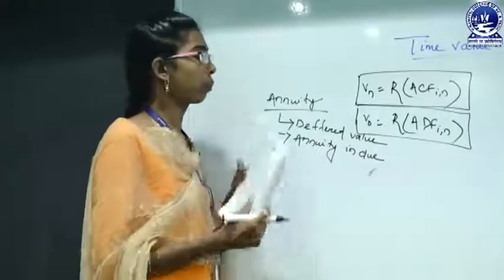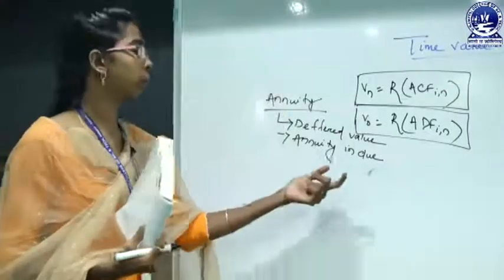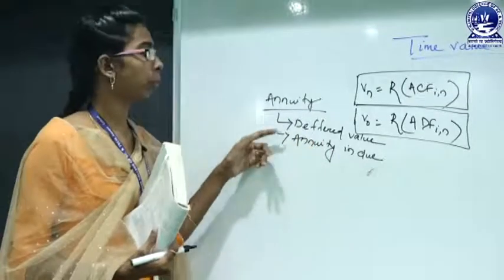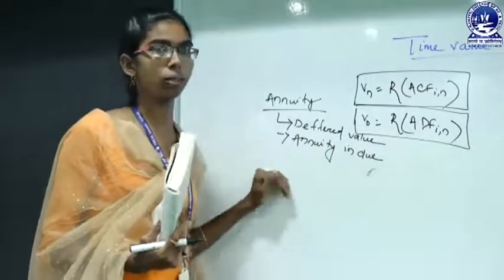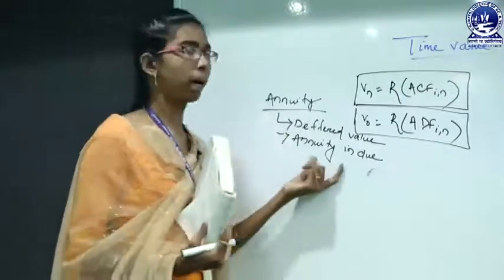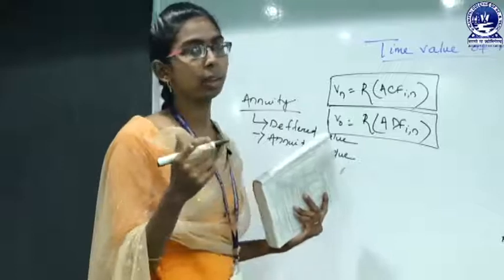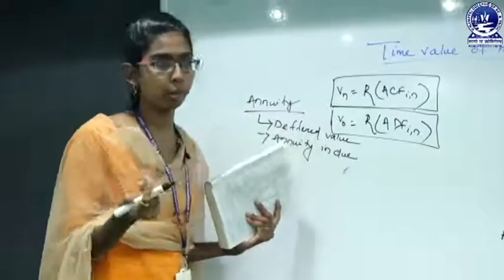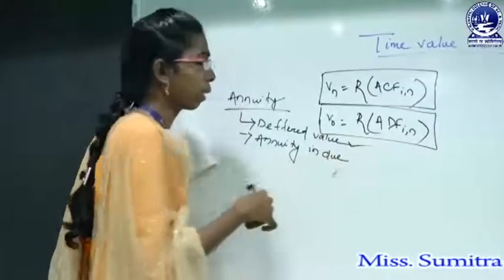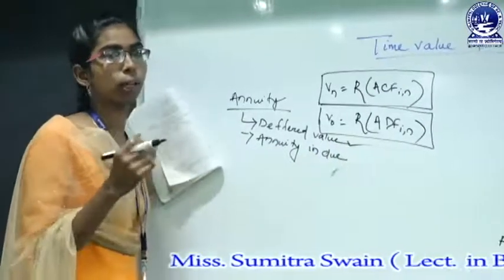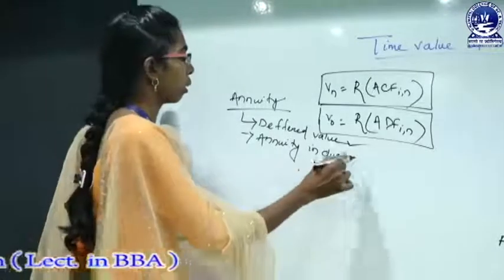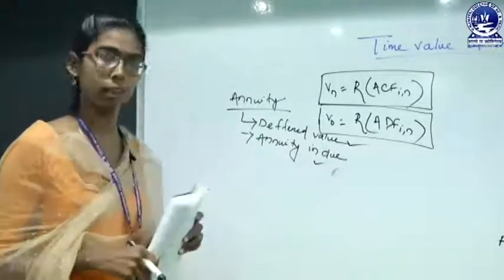If the cash flow occurs at the end of each period, then that will be known as deferred value, but if the cash flow occurs at the beginning of the year or beginning of any period, then that will be annuity in due. For example, if we are paying our house rent at the end of each month, then that will be our deferred value, but if we are paying our house rent at the beginning of the month, then that is our annuity in due.